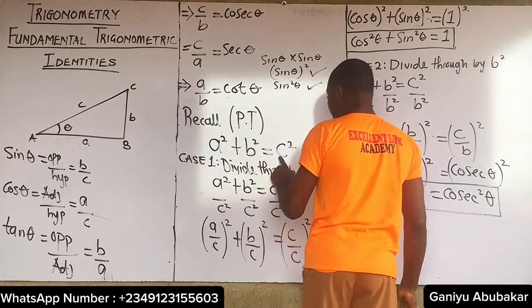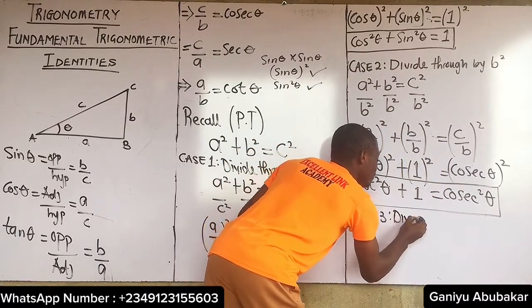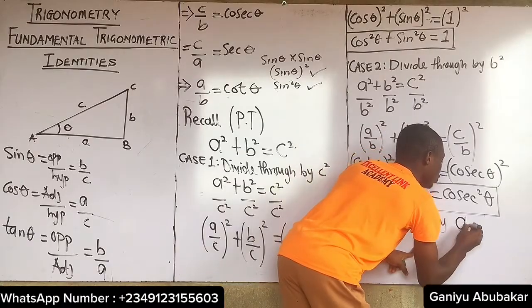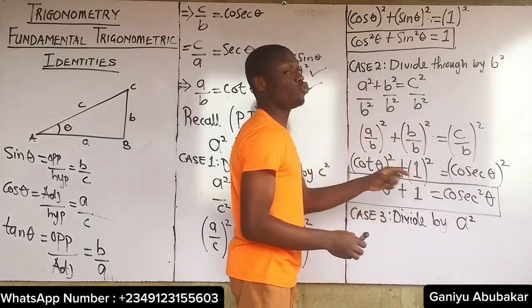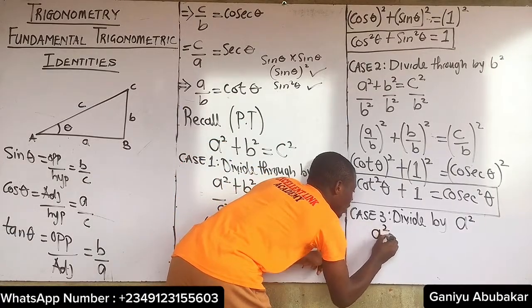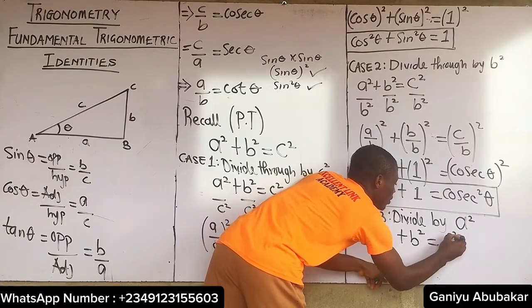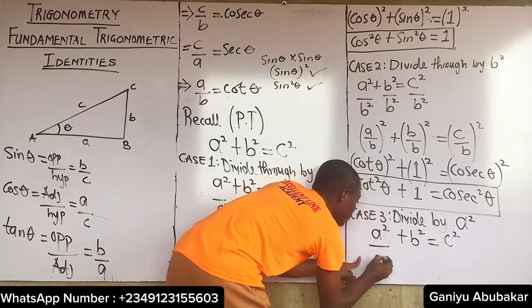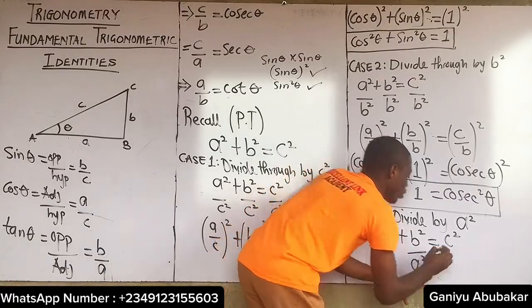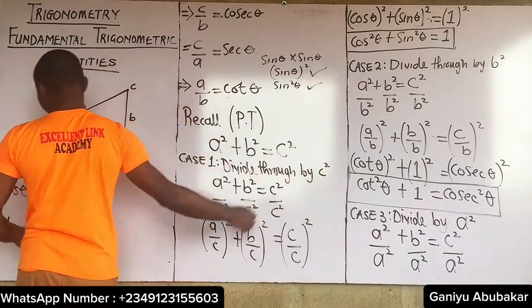For case 3, let's go with A, so divide through by A squared, please. It means that I have A squared plus B squared is equal to C squared. Divide by A squared.